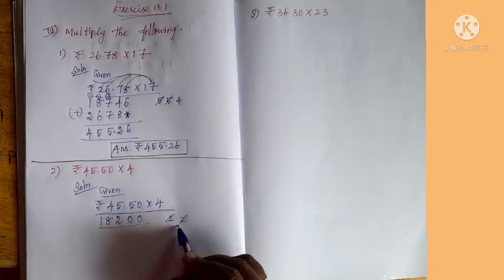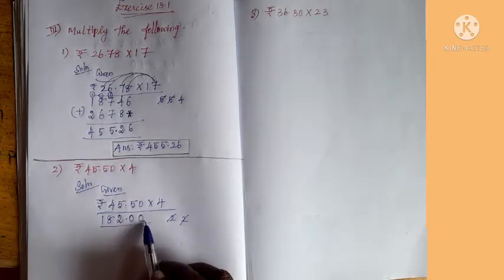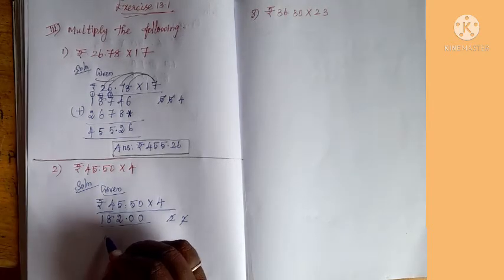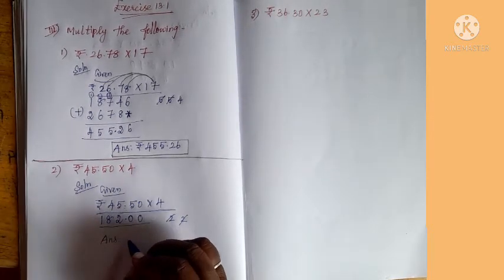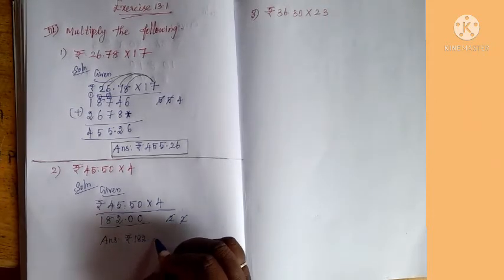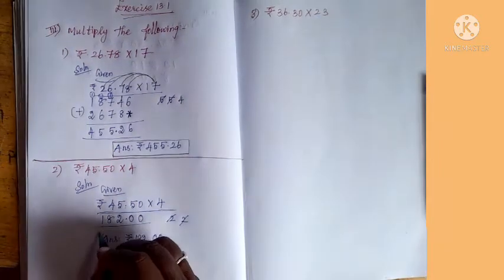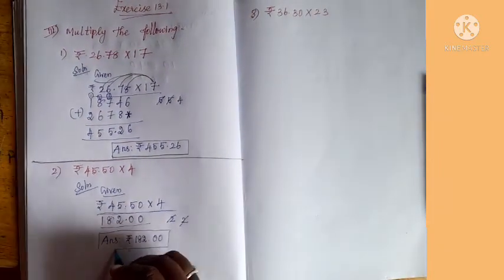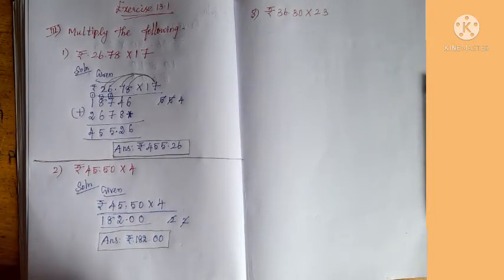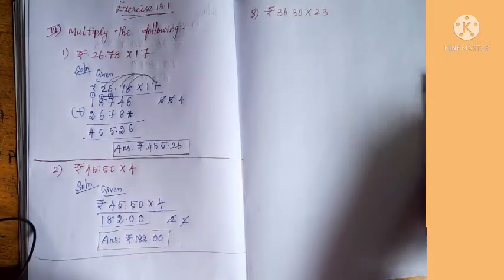So from the right side you check 1, 2 digits before the point. You keep the point there, then you write the answer. Answer: rupees 182.00. If you completed your answer, using a ruler and pencil you need to draw a line.